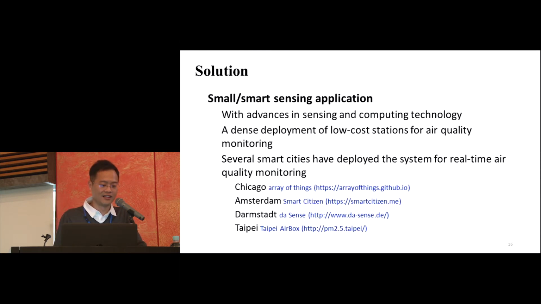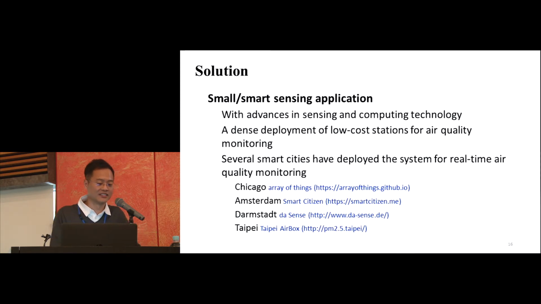So I need to find solutions to this limitation. Fortunately, technology is progressing, and with advances in sensing and computing technology, we can use dense deployment of local stations for air quality monitoring.